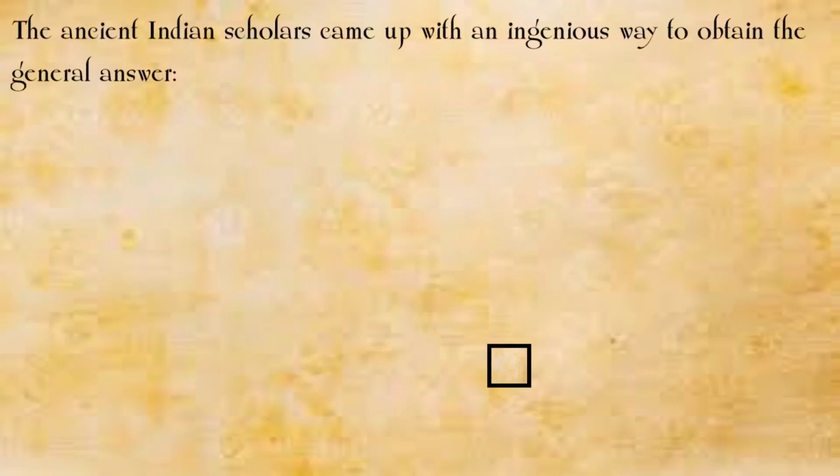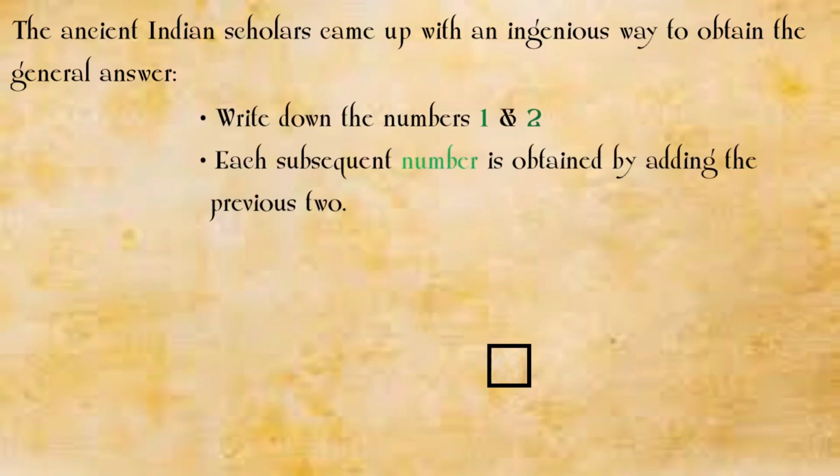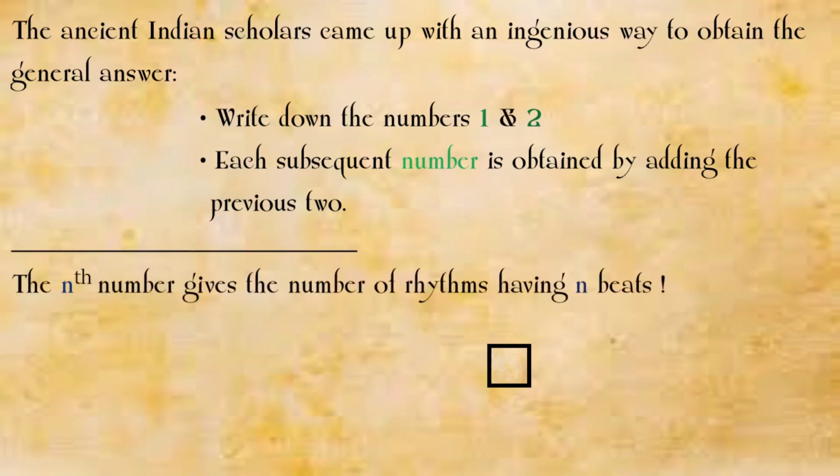So, the ancient Indian scholars came up with an ingenious way to obtain the general answer. First, write down the numbers 1 and 2. Each subsequent number is obtained by adding the previous 2. The nth number gives the number of rhythms having n beats.